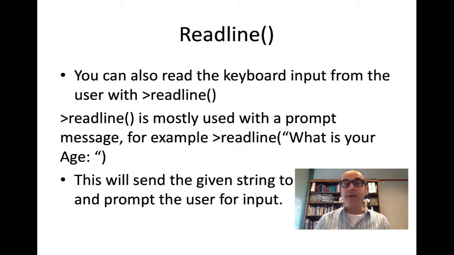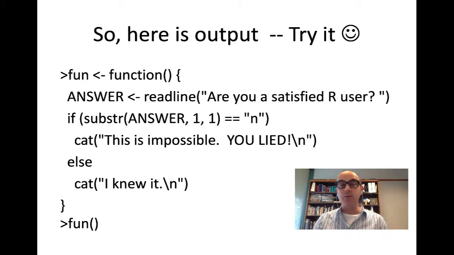Readline is the same idea, prompting a message like, what is your age? You send the given string to the console and it will prompt the user for input. So for example, I create a function called fun that asks, are you satisfied, user?